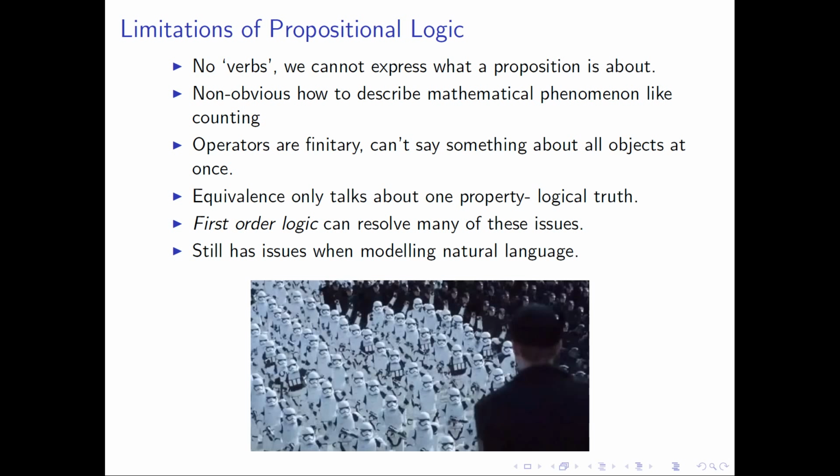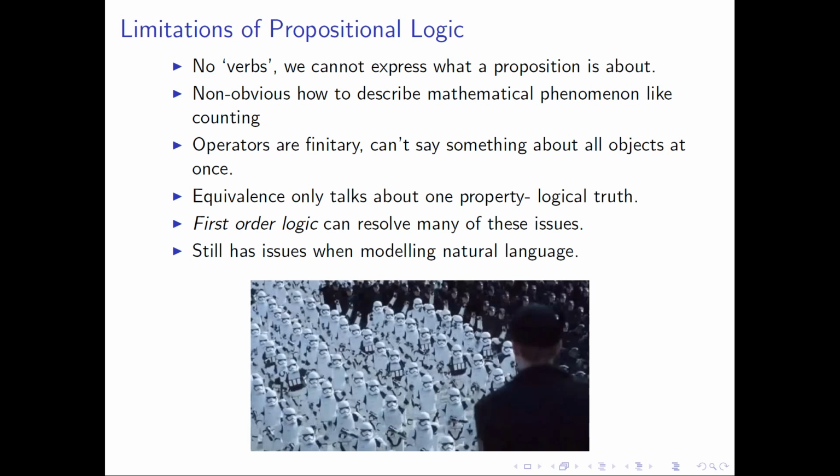So the solution to this, or the most immediate solution, is to look at first order logic. Okay. So first order logic takes the skeleton of propositional logic and adds many other things in order to express more. And this is a very important logic when talking about mathematics, for example.